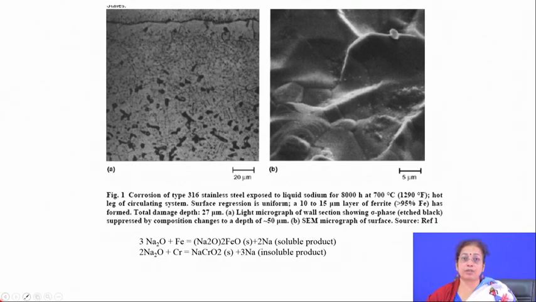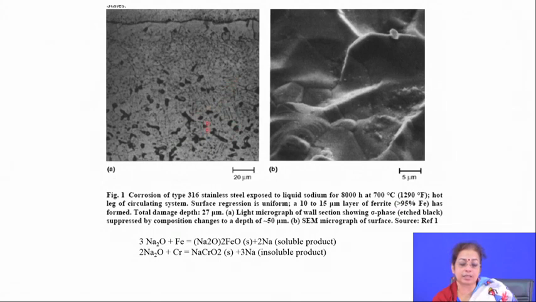If you see the surface of the embrittled component, you will find that the surface is full of roughness, because there is a lot of material removal and dissolution. On the left side, you will find a lot of micro cracks, and the grain boundaries are enriched with the liquid metal.